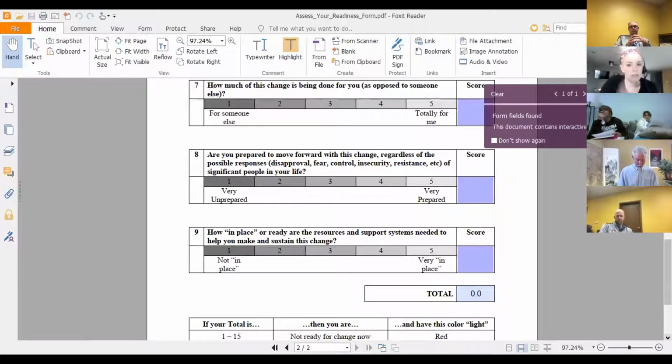Are you prepared to move forward with this change regardless of the possible responses, such as disapproval, fear, control, insecurities, or resistance of significant people in your life? You have to think about those challenges that may come up and the people that may not support you fully. You have to think through what responses you would make if someone didn't give you the support you wanted, or if they disapprove of the area you're focusing on.